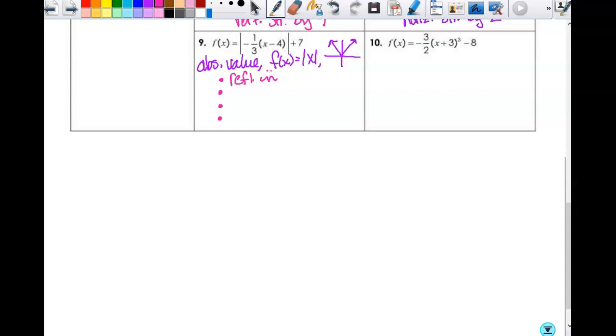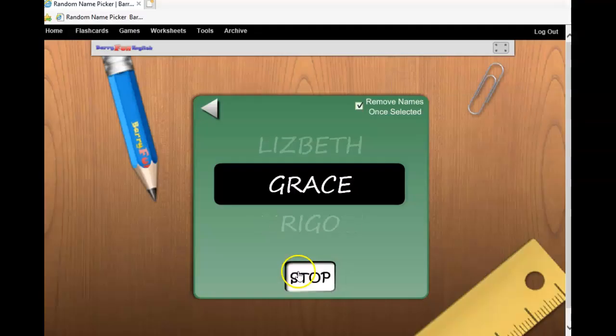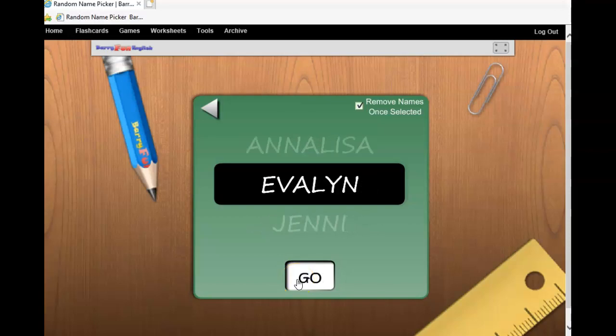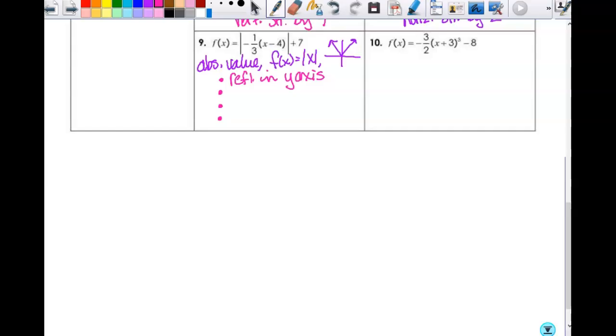Well, it's inside the absolute value, right? Which means you have to do the negative before you take the absolute value. So since you have that, that means it affects x. So if it affects x, then it's a reflection in what? The y. Okay. All right. Evelyn, the 1/3, what does that tell me is happening?